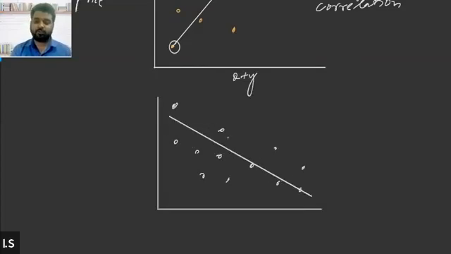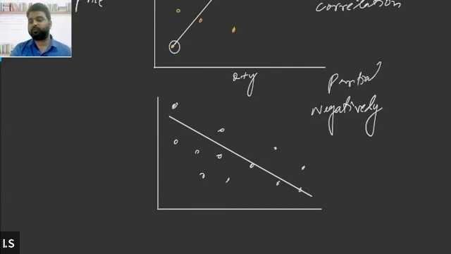And since all the dots are not aligned in a single line, the variables are negatively related, but not perfectly negatively related; there is a partial negative relation between the two variables. You're getting my point, Alexander?